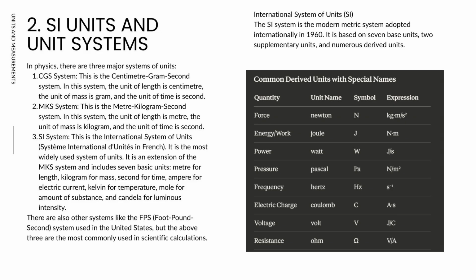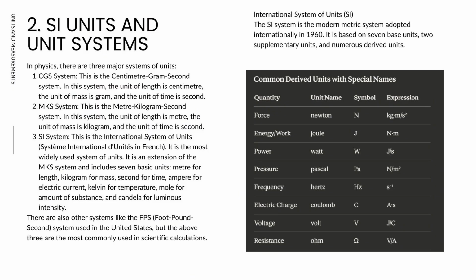We have pressure, which is Pascal. The symbol is Pa, and it is expressed in Newton per meter square. Frequency is Hertz. Hertz means per second, s raised to power minus 1. Electric charge is in coulombs, and it is A dot s, that's ampere times seconds.